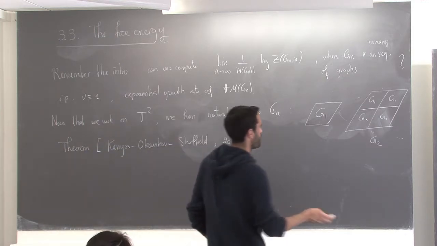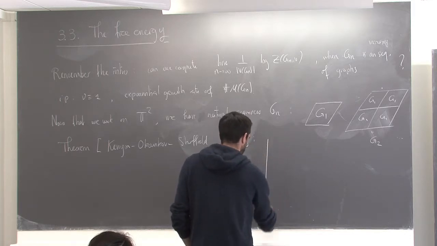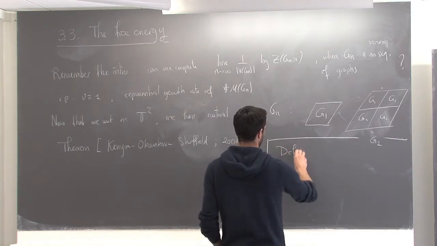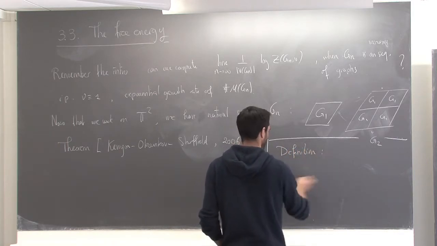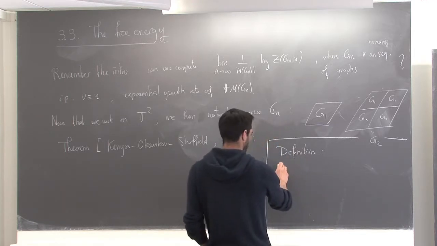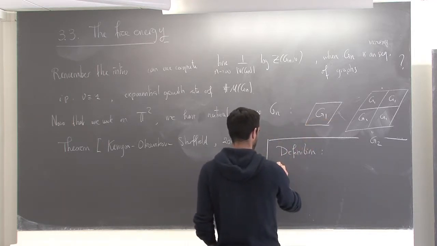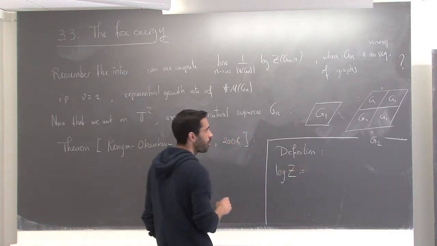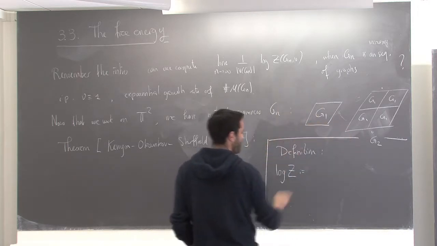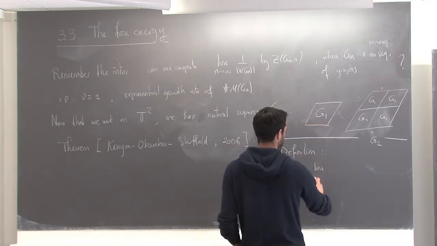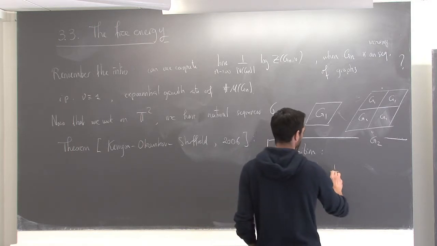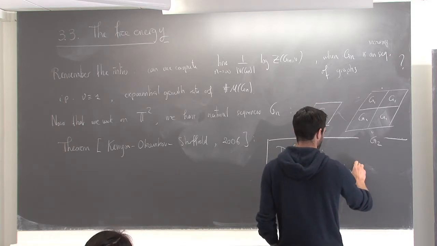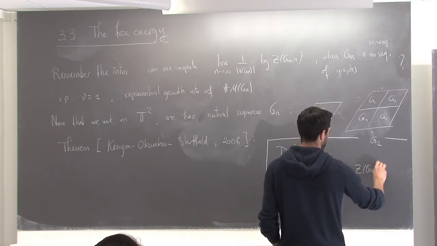Sorry, first I want to give the definition actually. So definition. The quantity, so in this setting, I want to denote by log z the limit, the corresponding limit here, or almost this limit, so it would be the limit for n goes to infinity, 1 over n squared times log of c Gn.